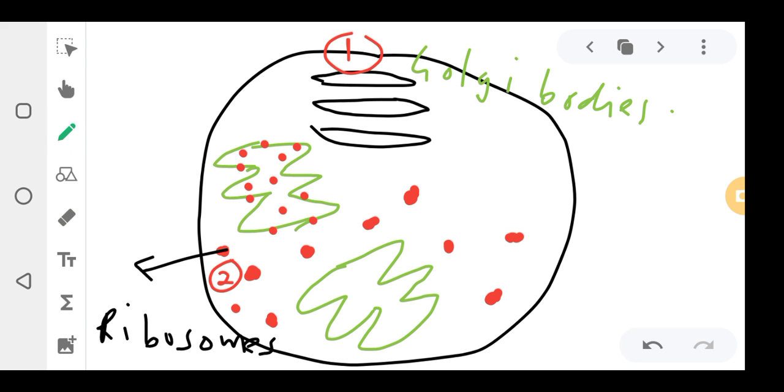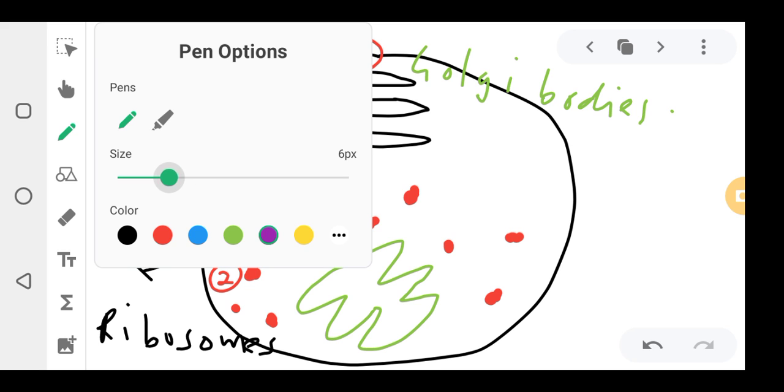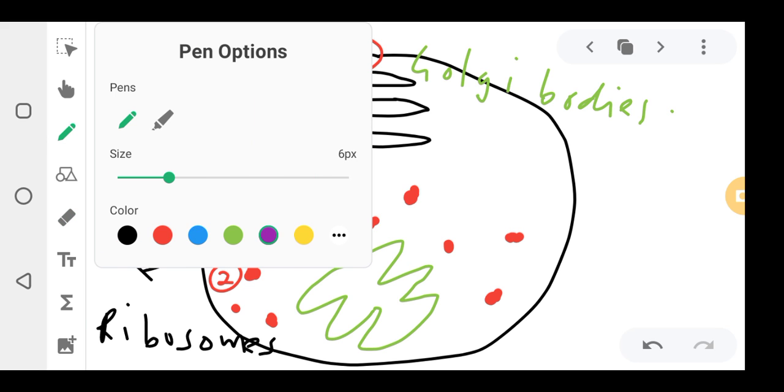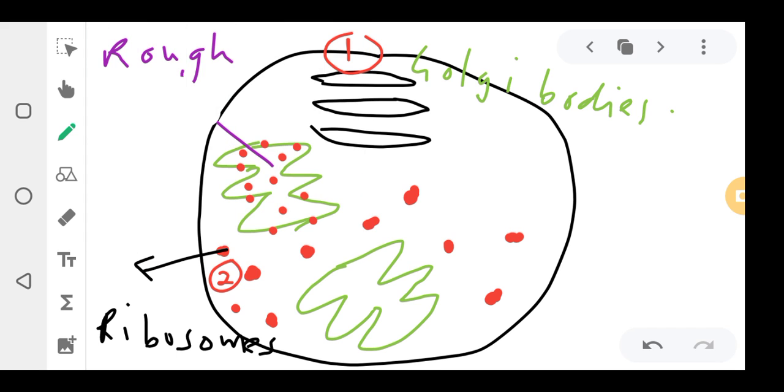Now, the one that has got ribosomes, what is it called? This one is called a rough endoplasmic reticulum.